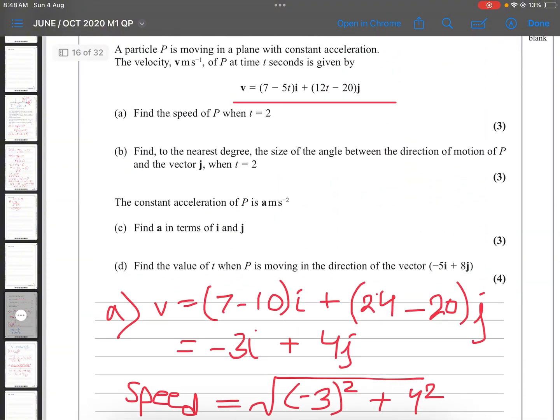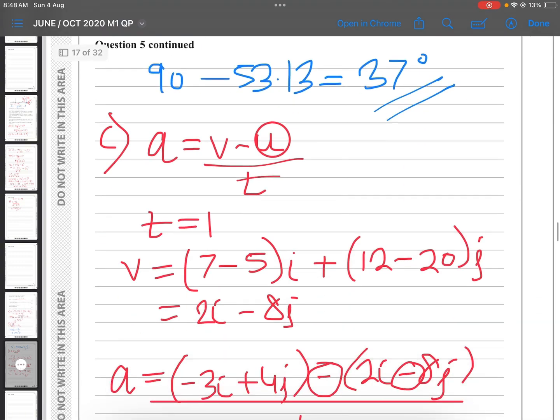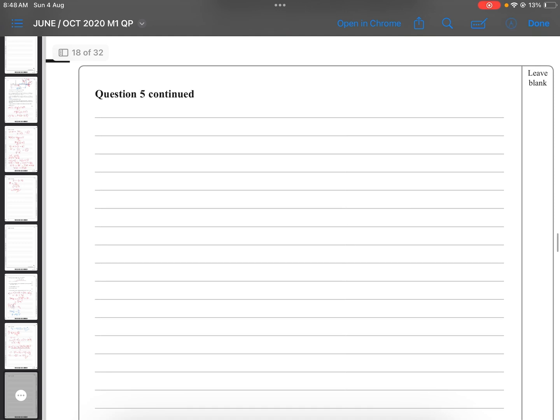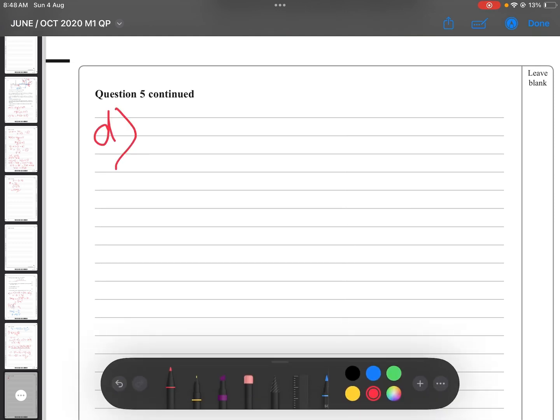Now, part D says find the value of t when P is moving in the direction of minus 5i plus 8j. Let's do D here. So when they say moving in the direction of a specific vector, it's going to be the velocity with which it was moving. We got a velocity equation, right? 7 minus 5t i plus 12t minus 20 j. We have this equation.